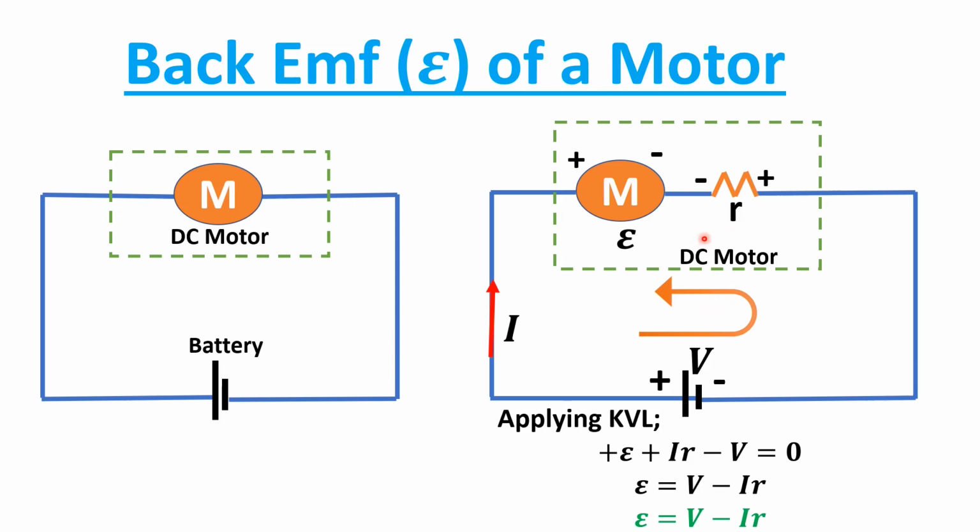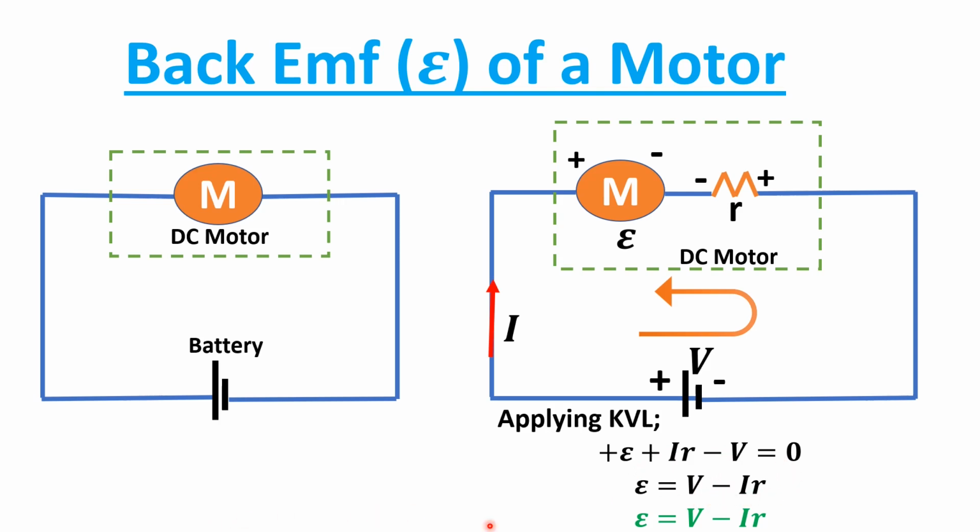Hence, the potential difference or the potential drop across this internal resistance is positive IR. Notice that our loop transits from the negative to the positive of epsilon, and hence we obtain positive epsilon, and across V it transits from the positive to the negative, and hence we have negative V at this level. When you make epsilon subject of the formula, you obtain epsilon equals V minus IR.